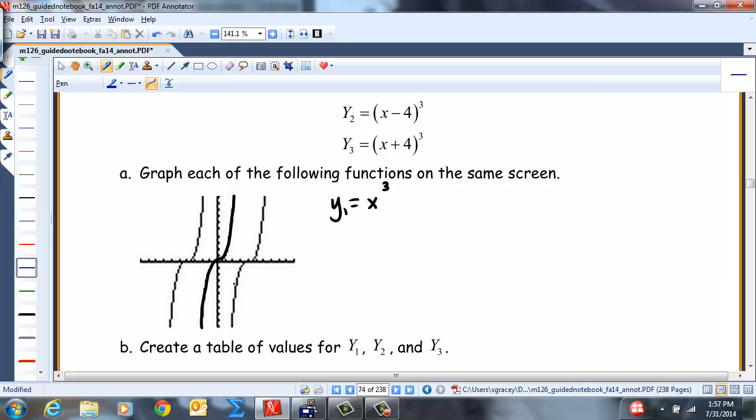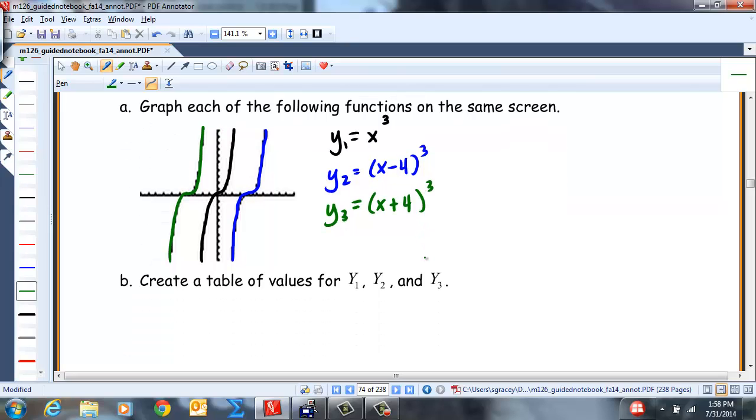That was when we subtracted 4. That ended up shifting it 4 to the right. So y2 is the quantity x minus 4, cubed. And our third one, y3, was a shift to the left. So y3 is the quantity x plus 4, cubed. Now when we have our table of values, let's check out what's happening.